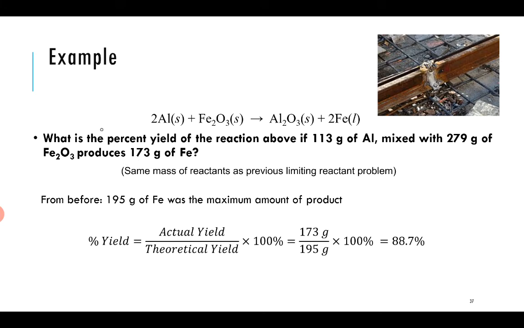So in this example problem, it says this is the same problem we just solved, same masses from the previous limiting reactant problem, and we determined that we could make 195 grams of iron. And so now we've assigned a vocabulary term to that. We calculated that we could make 195 grams of iron, and so that is your theoretical yield.